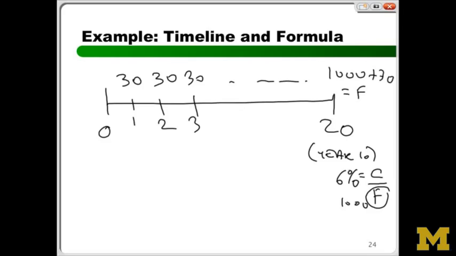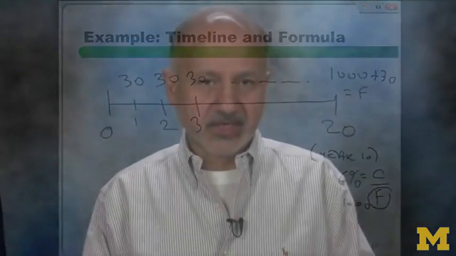So how many 30s are you getting? You're getting 20 30s, and how many thousands? 1. Doesn't this remind you of the loan? So 30 reminds you of what? The payment you pay on the loan. The only difference between this and a standard loan is that the face value in a standard loan is not there. You're just paying PMT, PMT, PMT, PMT. Okay? So this is the nature of the timeline.